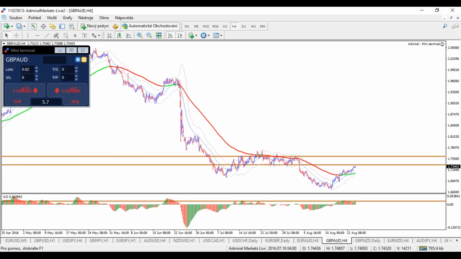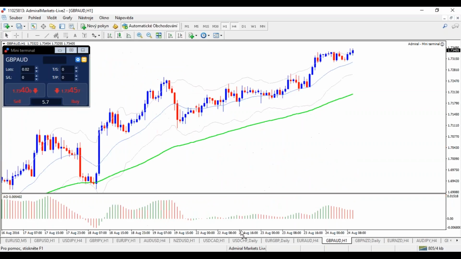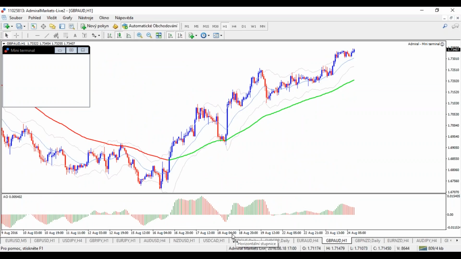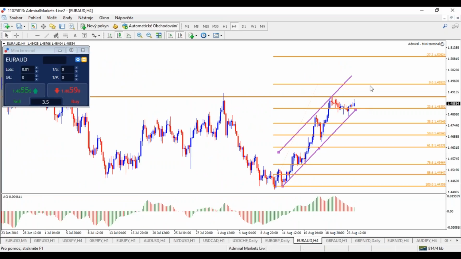Momentum is pretty weak here to the upside. Hourly is showing divergence, double. So definitely not long. Here too, looks like with the euro-yen, it could maybe pick one more push up here.